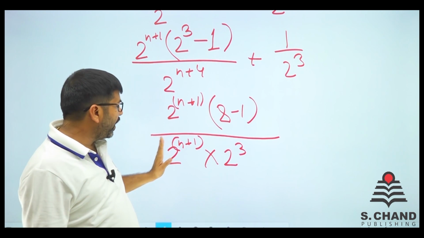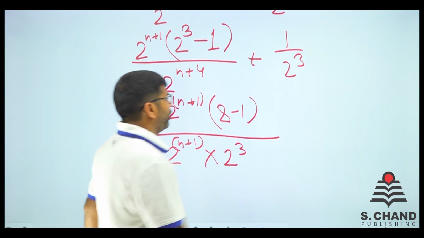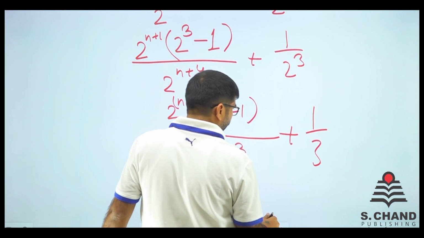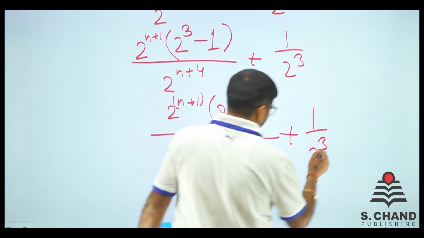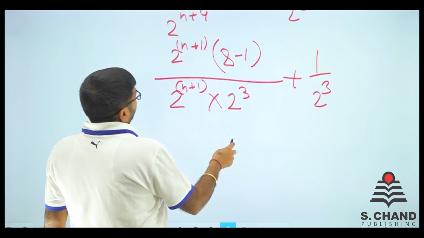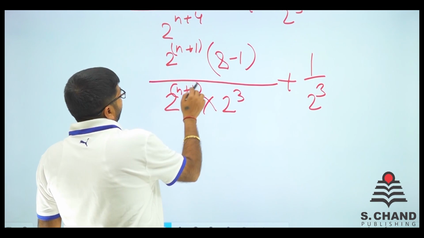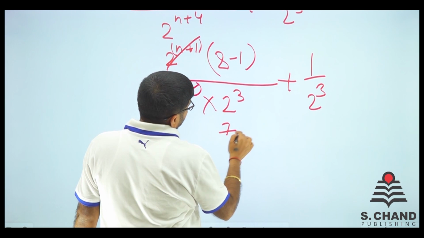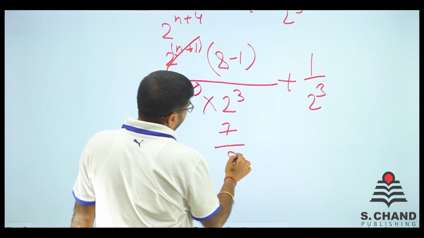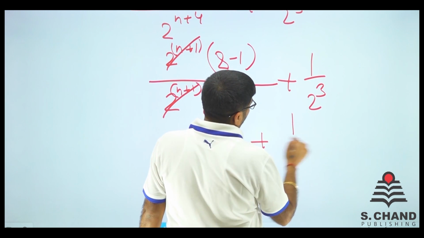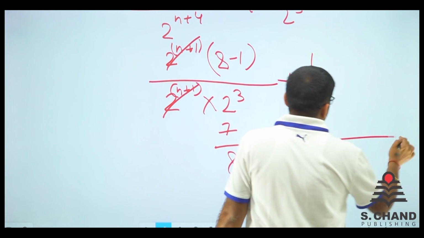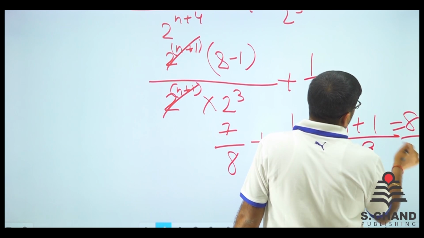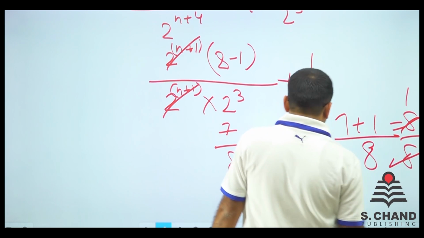So n plus 1 taken here and 3 taken there, plus 1 by 2 cube. Okay. See, what I'll get is, I'll cancel out. 8 minus 1 is 7 upon 2 cube, which is 8, plus 1 upon 8. So if I take 8 as the LCM, we get 7 plus 1 is equal to 8 by 8. 8 by 8 is just 1.